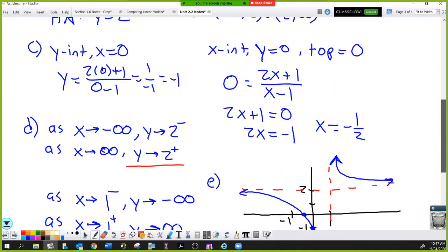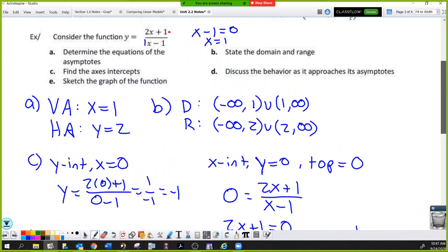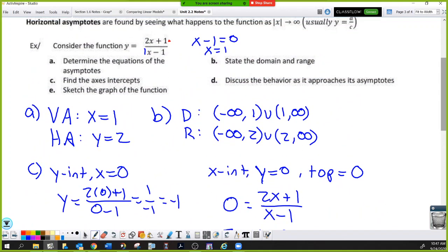So I'm going to plug in a number just a hair bigger than 1. Let me plug in the number 1.000000001. I'm going to double that number now because I just plugged it into the top. I now have 2.000000002. Now I'm going to add 1 to it. Now I'm at 3.000000002.